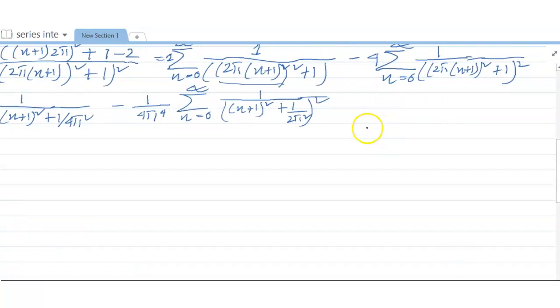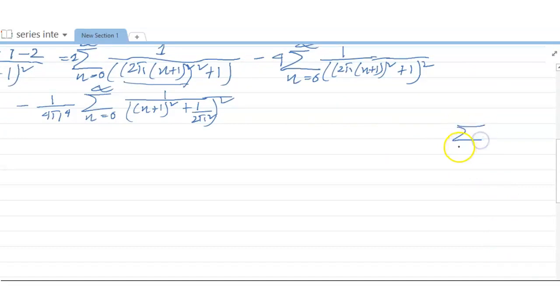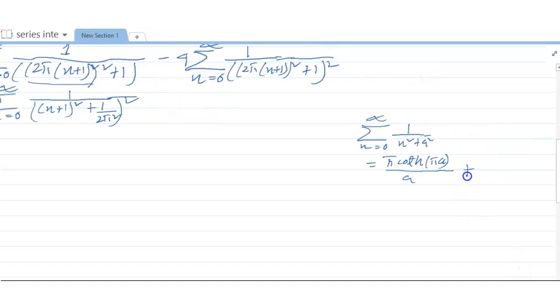That formula is summation n equals 0 to infinity 1 by (n square plus a square) equals pi coth(pi a) divided by a, plus 1 by 2a squared.